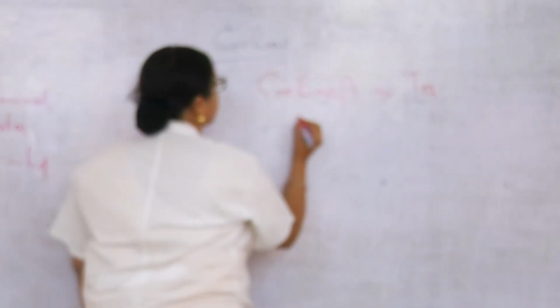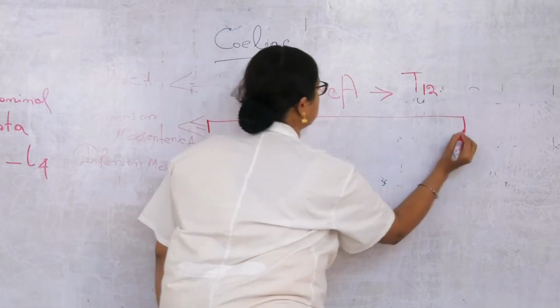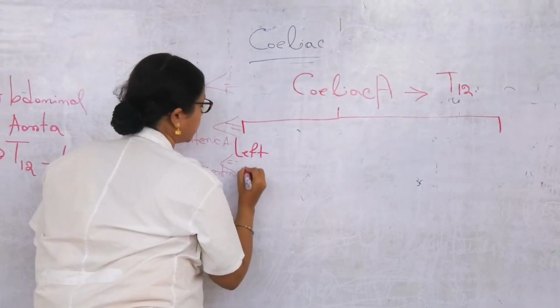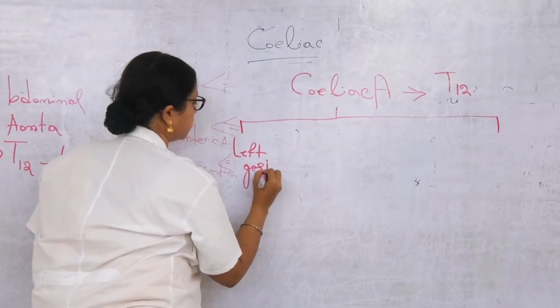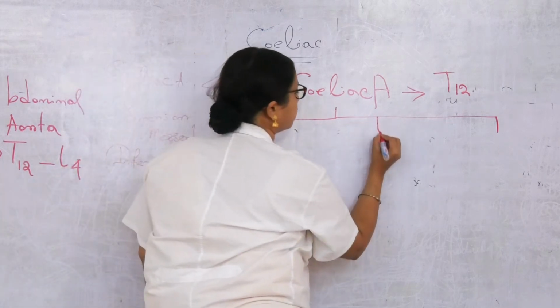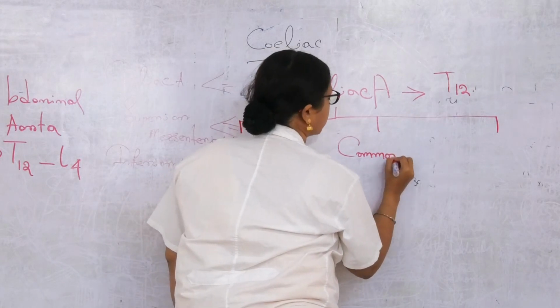Then if you say celiac artery, we will have 3 main branches. Number 1 is left gastric. Then the second one is the common hepatic. Why do you say common hepatic?